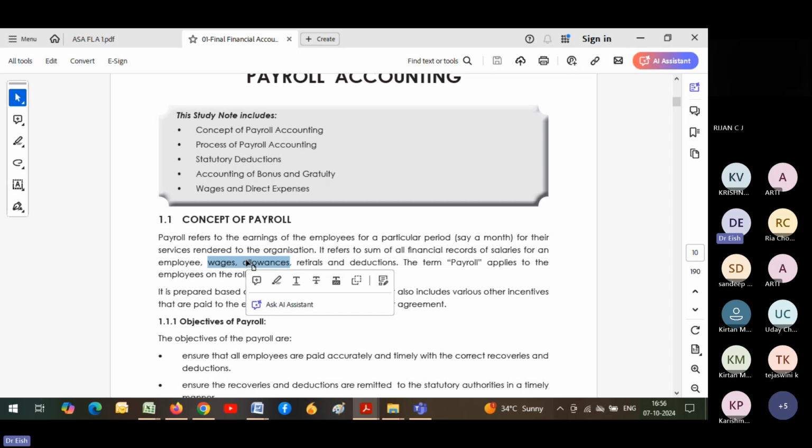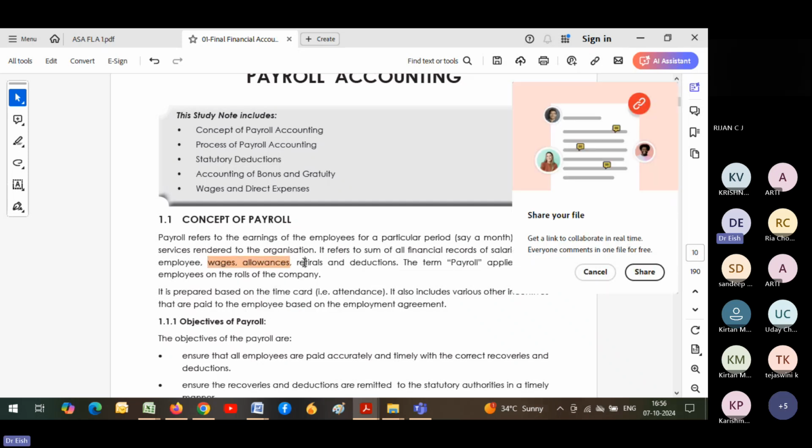All these functions play a supporting role, while the wage is paid to the main function, the ones who are driving the organization. Okay, the production people, the sales team, they are driving the organization. Okay, so wages, allowances, etc., retirals and deductions.